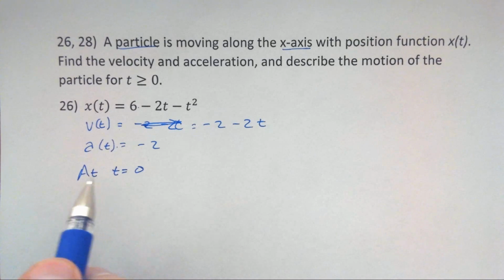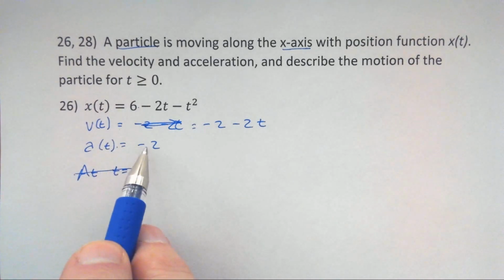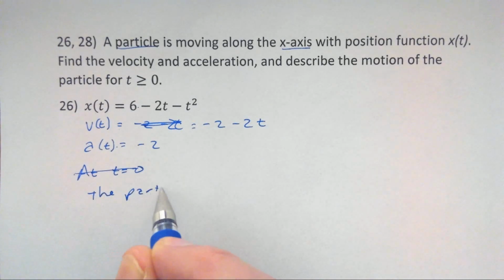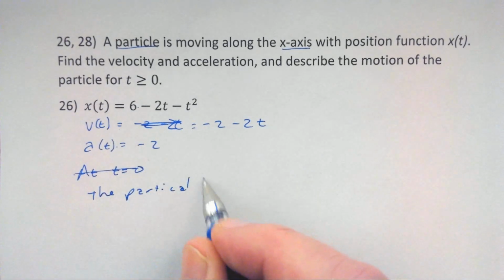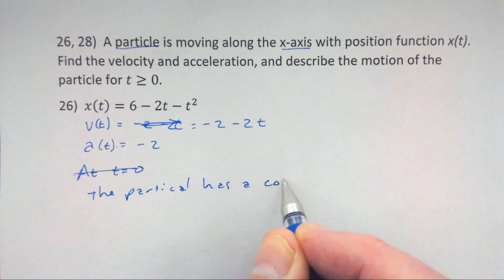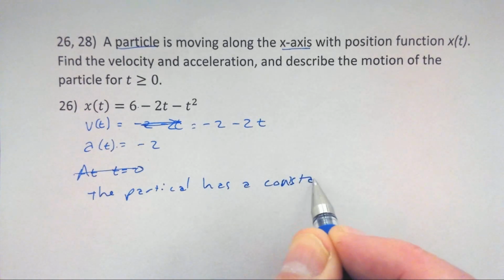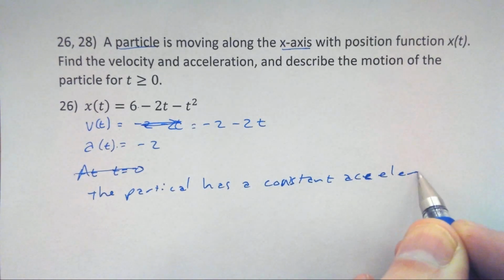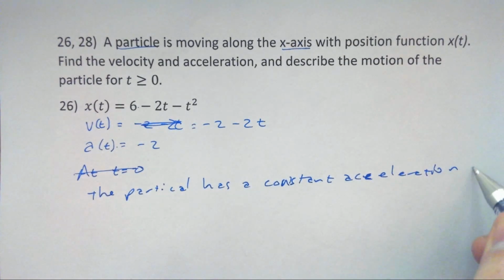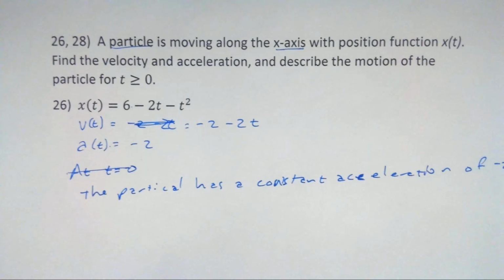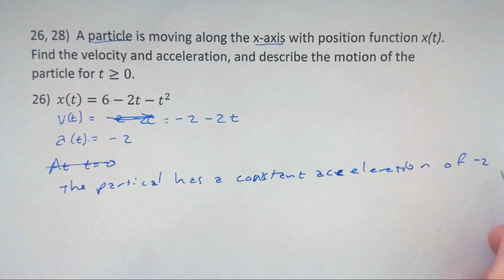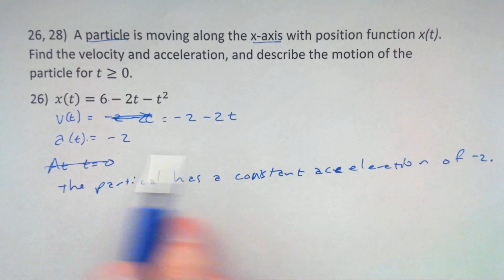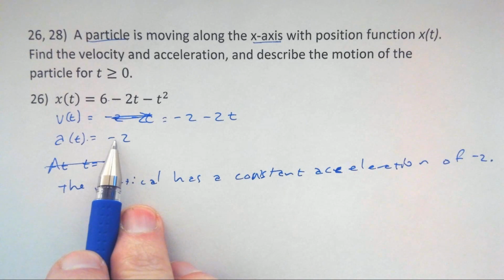Even before I do that, here's a thought: since the acceleration is constant, the particle has a constant acceleration of negative 2, and that could be feet per second or miles per hour, but we're going to go with that for our constant acceleration, then I don't have to talk about it again.